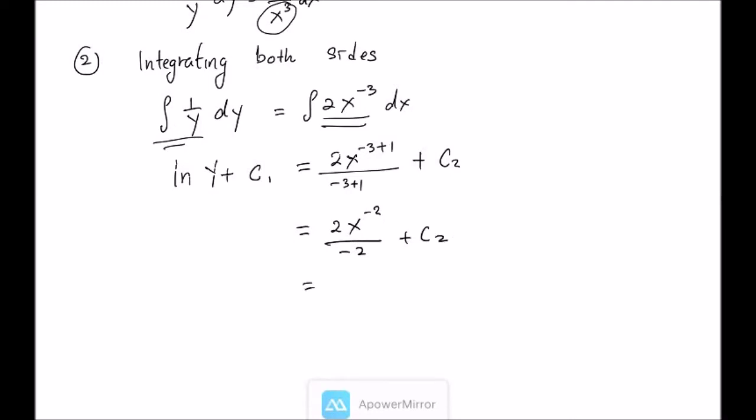You cancel out the 2, and you get negative 1 over x^2 plus c2.